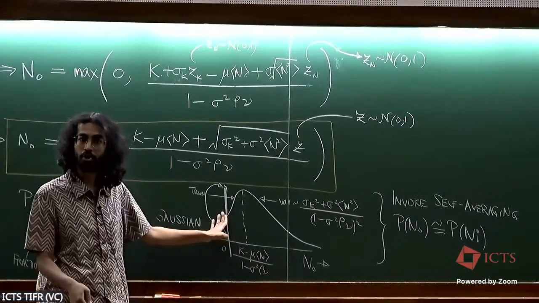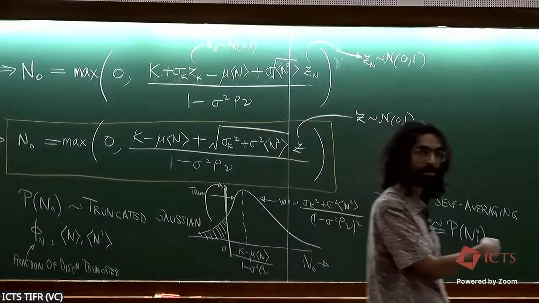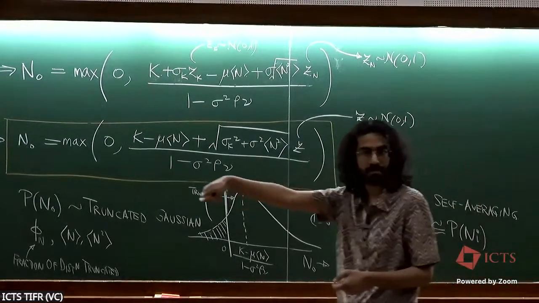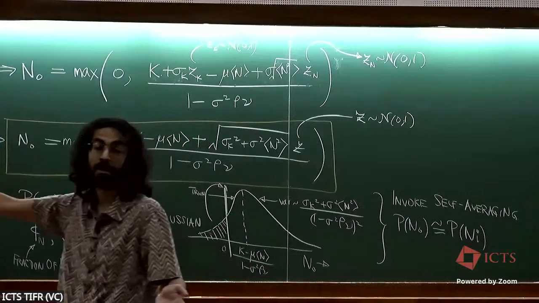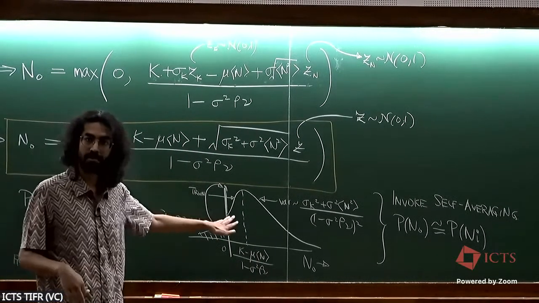You can also look at one species across many, many ecosystems with different realizations of this kind of disorder, and you'll also observe the same distribution of the abundances of that species, right? So you can focus on one species across many ecosystems, or on many species in one ecosystem. You get the same distribution, right?